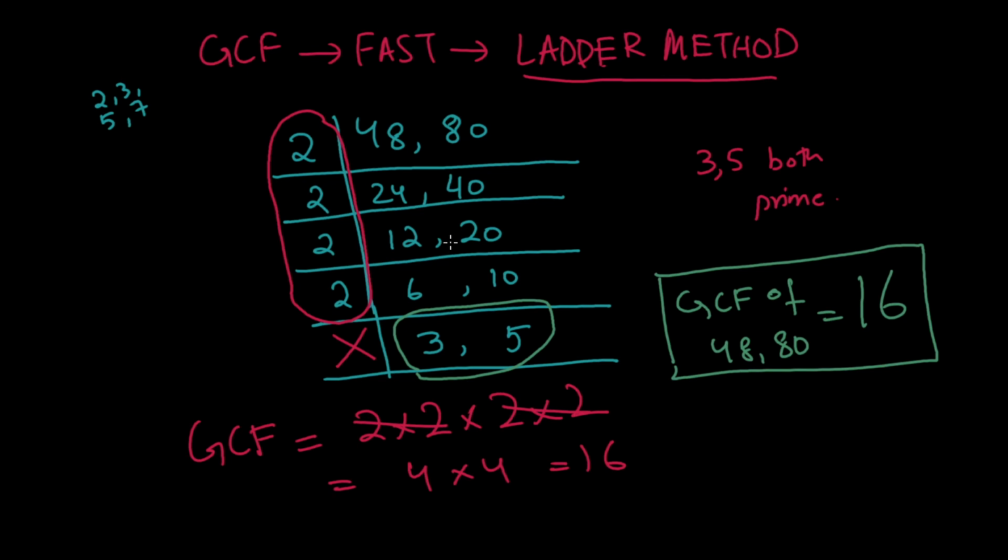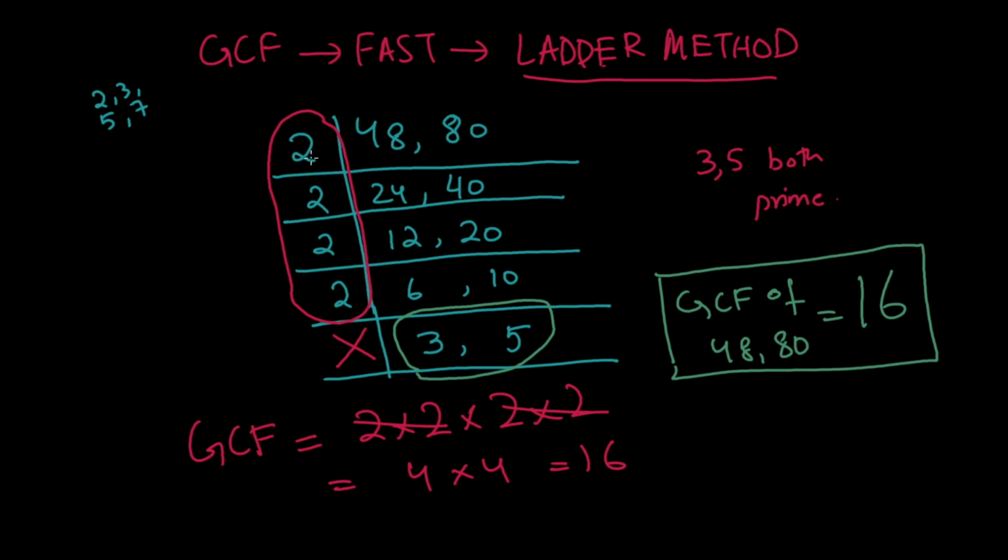Okay, so just to go over this process one more time, all we did was we made the ladder, or something that looked like a ladder. We had 48 and 80 on the sides, and then we knew that 2 divided 48 and 80 both.